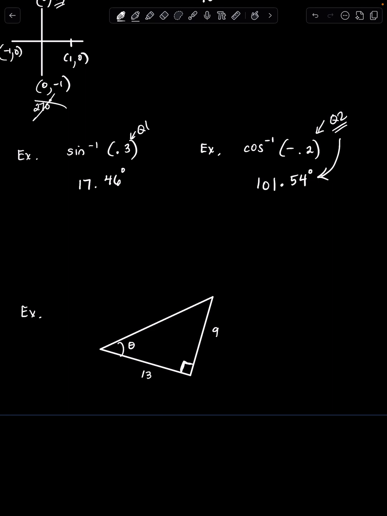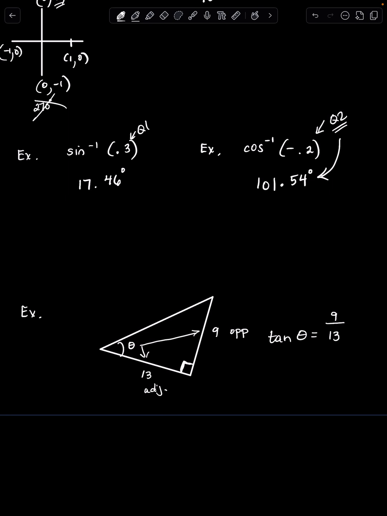So let's look at what we were given in reference to theta. We're given opposite, and we're given adjacent. And hopefully you're thinking opposite, adjacent. That means that the tangent, opposite over adjacent, of theta equals 9 over 13.